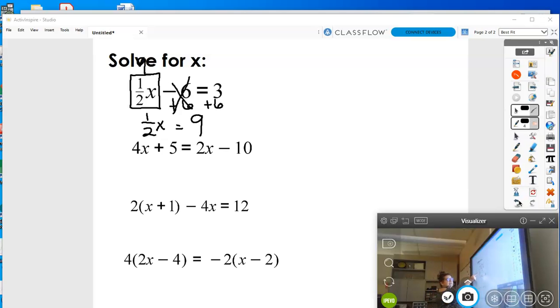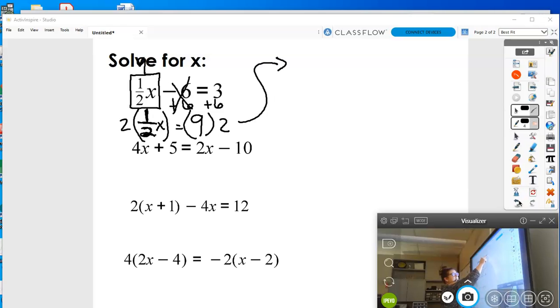But what we're going to do is the 1/2 there still also means 1 divided by 2. And when we think about canceling out a divided by 2 situation, we're going to multiply by 2. And anything I do on one side of my equation, I have to do on my other side of my equation as well.